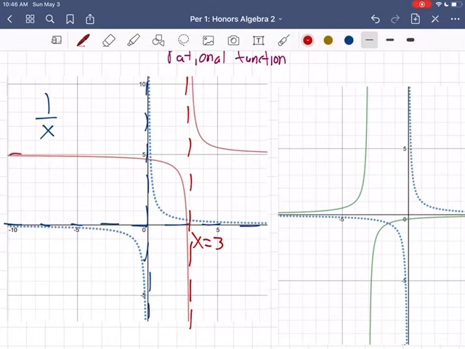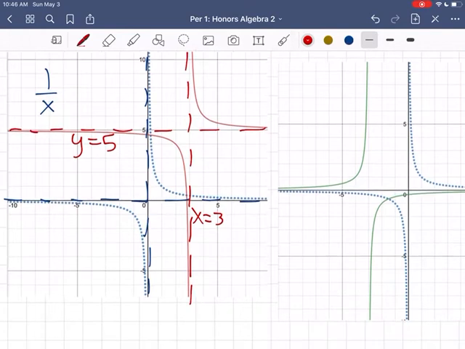And my other one, my horizontal, is right here at y equals 5. So now I can see that my function has gone up 5 and over to the right 3 from the asymptotes.